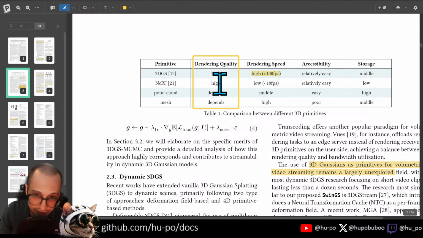There's NeRFs that have low rendering quality. There's NeRFs that are fast at rendering. There's meshes that are fast at rendering. If you had a low poly mesh, that would be very fast rendering speed. But in general, this is the overall trade-off that you get for different types of 3D primitives. So Gaussian splats give you high rendering quality at a very high rendering speed with a middle amount of storage.